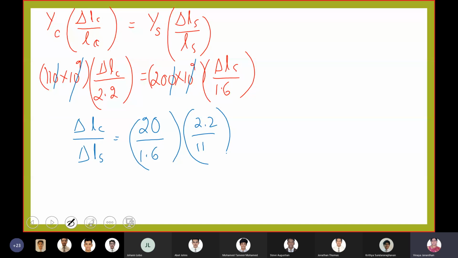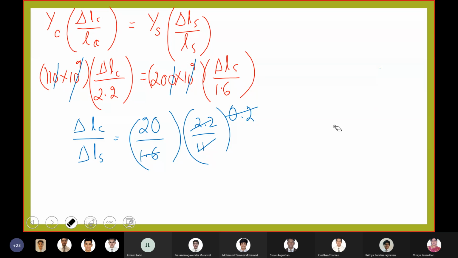This will be 0.2. Is that correct? Is this 0.8? Ma'am, I think 11 should be in the numerator and 20 should come in the denominator.